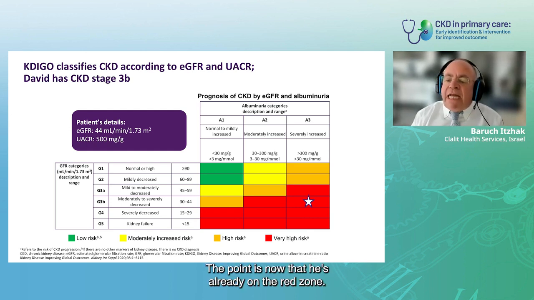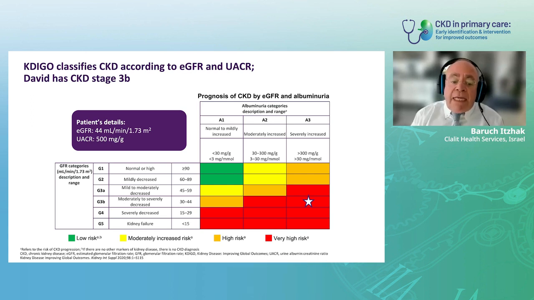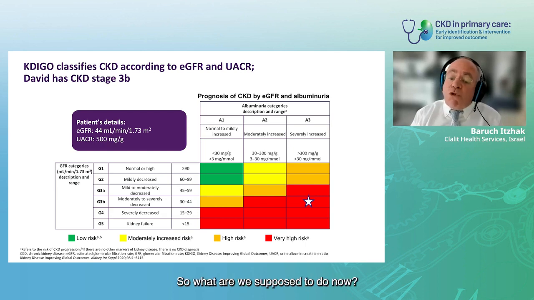The point is now that he is already in the red zone. Red zone means very high risk, over 300 milligrams per gram albuminuria and decrease of eGFR. So what are we supposed to do now?